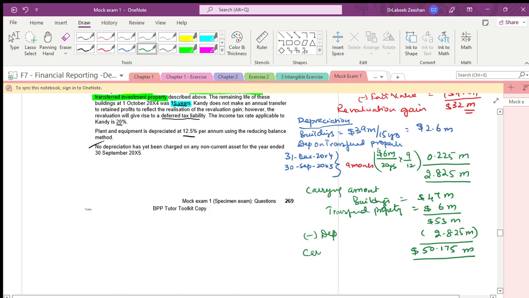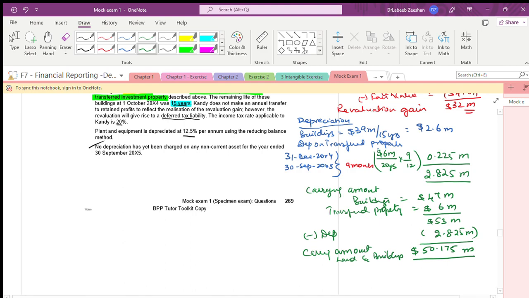This is the carrying amount which will show in land and buildings.